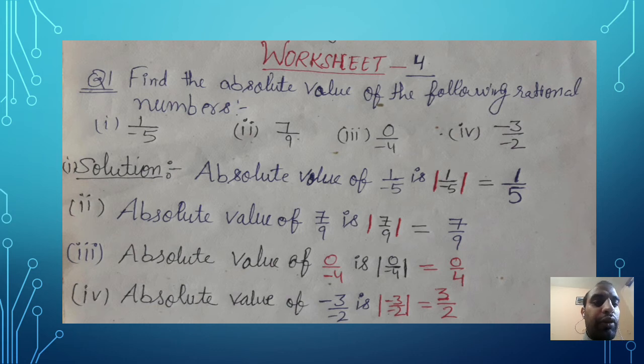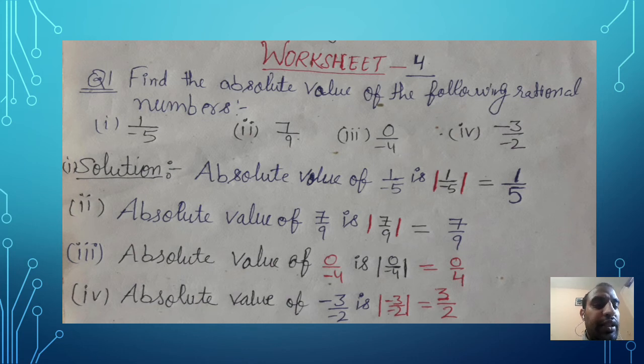And the absolute value of 0 upon -4 is 0 upon 4. Mod of 0 upon -4 is equal to 0 upon 4. Next is the absolute value of -3 upon -2. Here you can see numerator and denominator both are negative, but after putting these inside mod, both become positive.